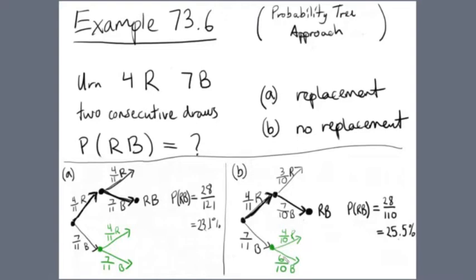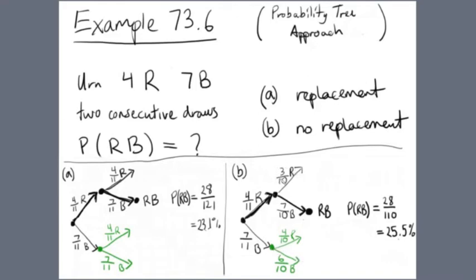And now we can see the second branchings are different depending on which of the first branches we took. So whether we drew a red or a blue on the first draw will influence what the chances are for our second draw.